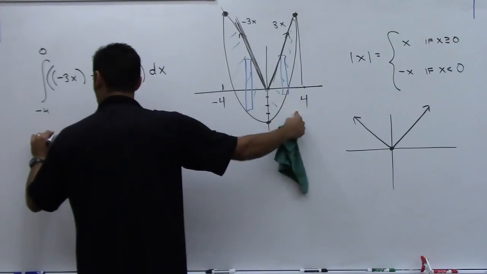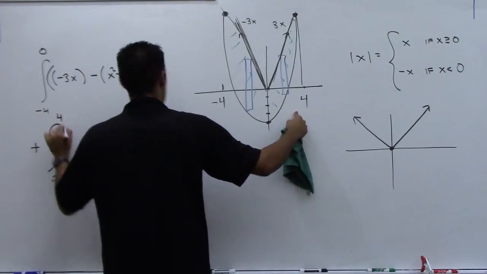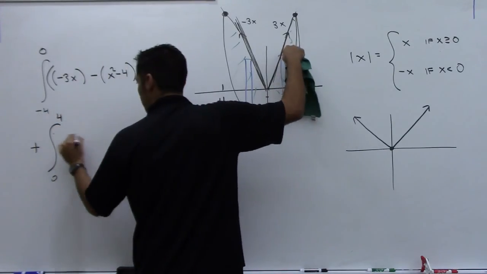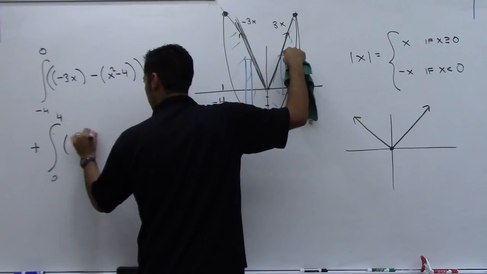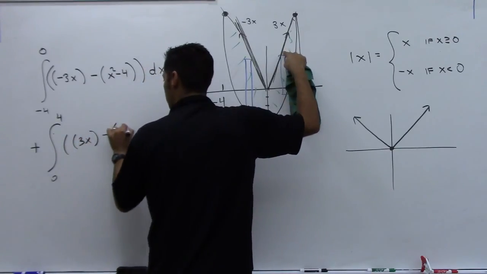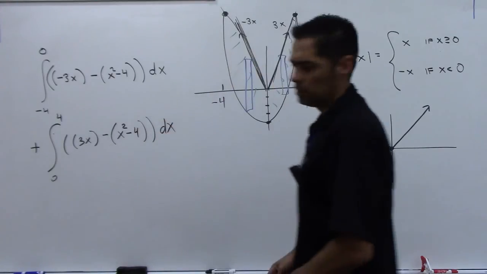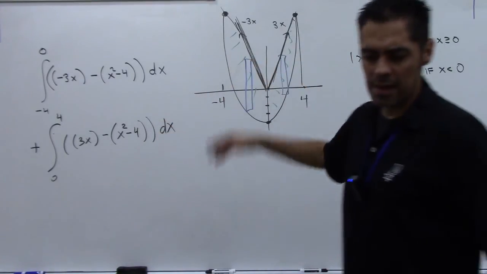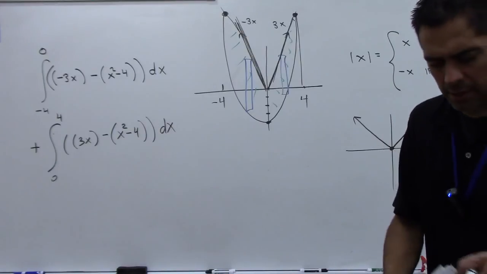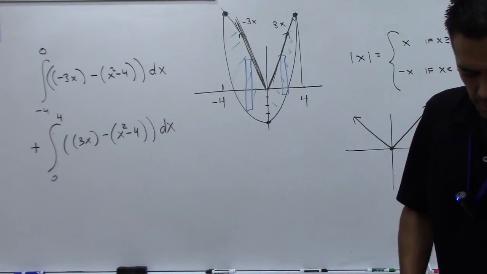Plus, the next integral goes from 0 to 4. The top function this time is 3x, and the bottom function is x squared minus 4, dx. You could work those out. I'm not going to work them out, but that's just trying to give you some insight into that absolute value function.